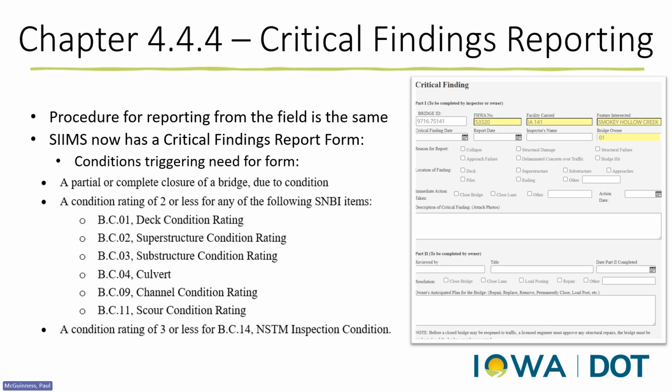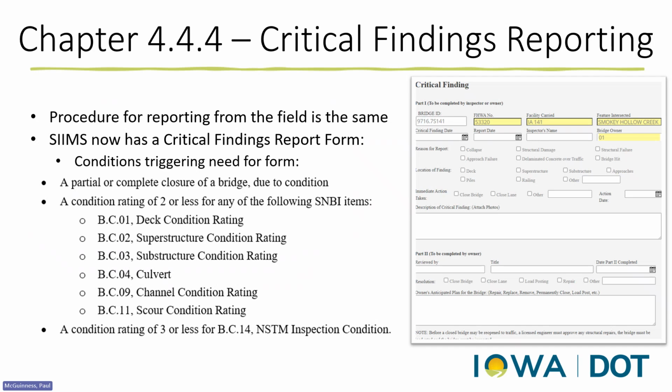And we listed condition ratings that would require a CF reporting here on this slide, and that's also, I think, per the SNBI. So that automatically triggers a CF if you have, for instance, a deck condition rating of a 2, or an NSTM rating for any NSTM that's a 3 that drives the NSTM item B.C.14 down to a 3. So I think that would make sense since we're into the serious critical category there with those numbers.